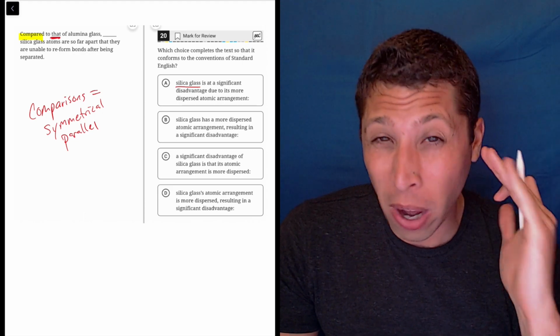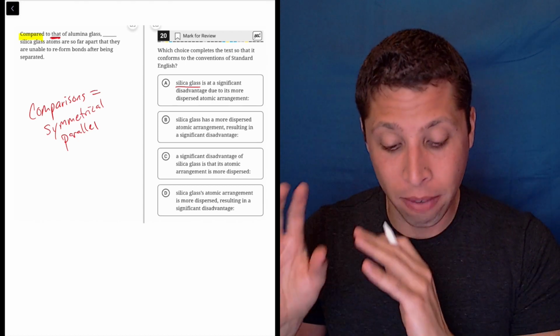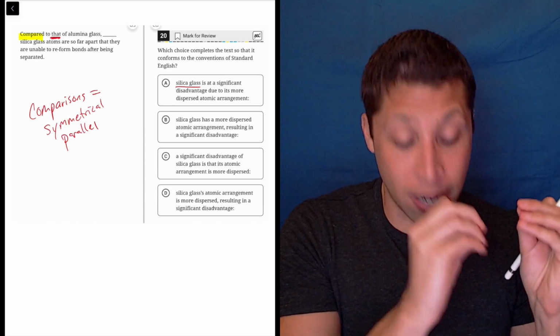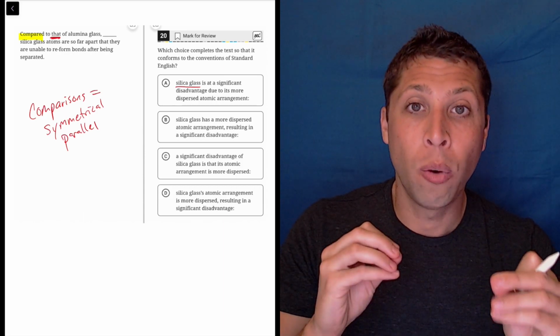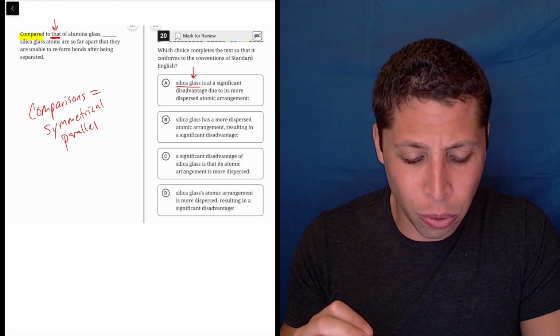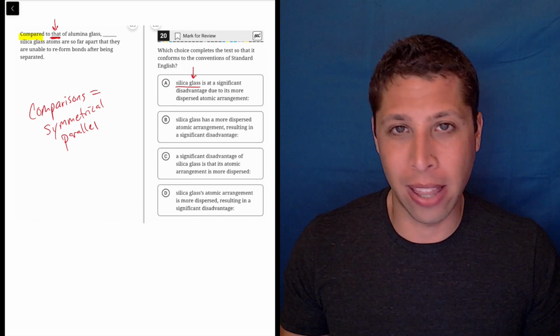What we really want to be doing is comparing this attribute, this quality of the alumina glass to a similar quality in the silica glass. So right now we're comparing this kind of quality to the glass. It's not symmetrical, it's not parallel, these are two different things.